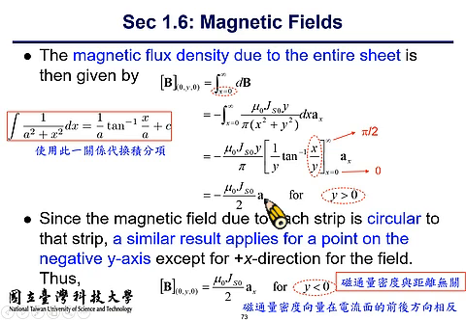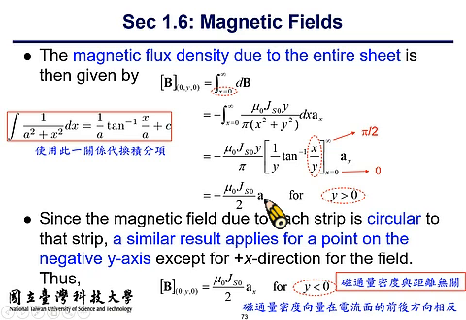On the other hand, if the observation point is placed on the other side, which is y smaller than 0, then the direction of magnetic flux density is pointing to the opposite direction, which is positive x in this case.